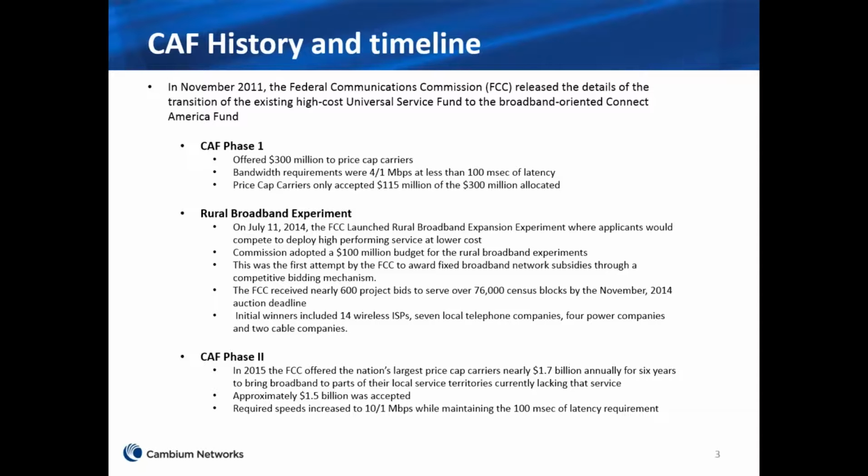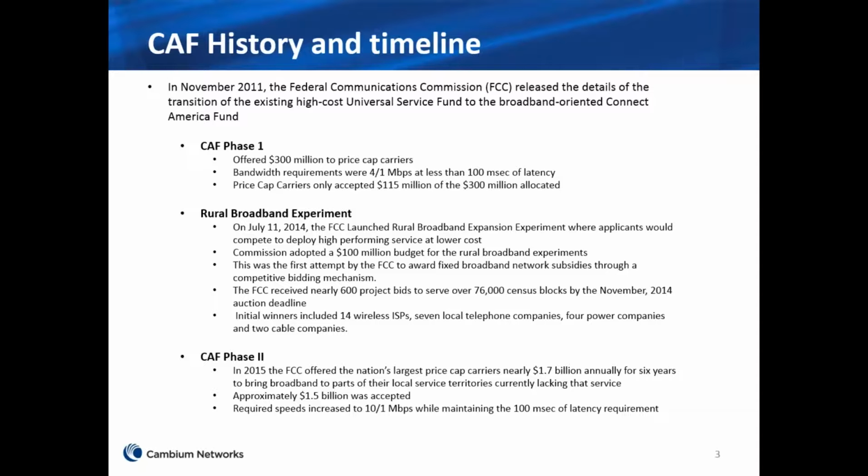In the first phase of the CAF process, the FCC offered $300 million to the price cap carriers. In that particular offering, bandwidth requirements were 4 meg down, 1 meg up, and importantly here, at less than 100 milliseconds of latency, because the FCC views CAF as not only broadband, but ultimately being able to provide telephone service.